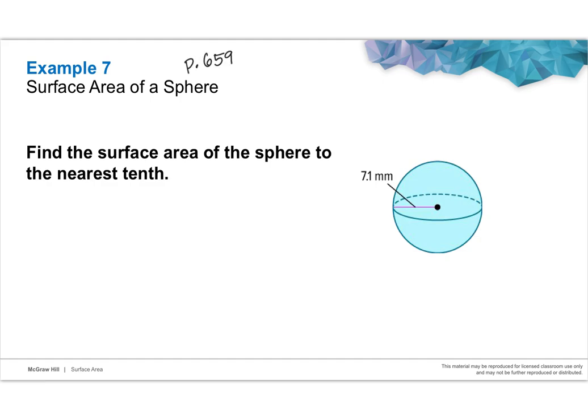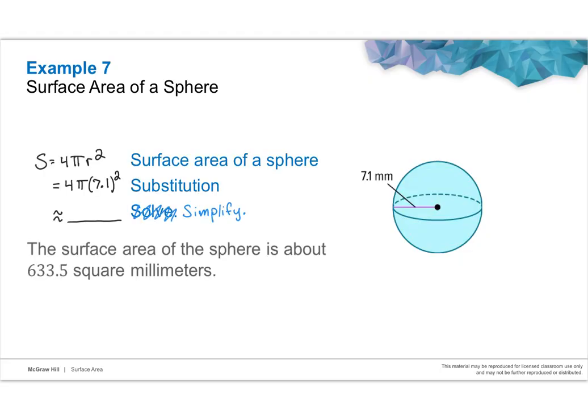And hopefully you can see clearly they have pointed to our radius for us. So we will go to our next slide here. And all we need to do is just substitute in that 7.1 millimeters for the radius. If I go ahead and find everything but the pi key multiplied together, that is going to give us exactly 201.64 pi.